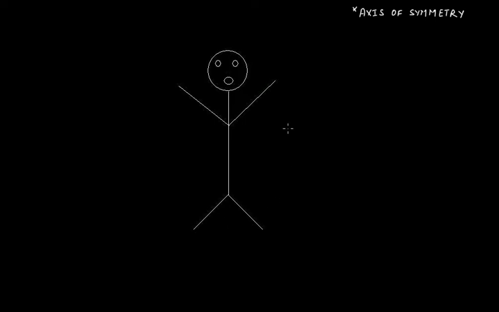If we have this figure, okay, and if I ask you that is this figure symmetrical, you will say yes, of course it's symmetrical, and it's the same figure that we took in our first video, that is the introductory video on symmetry. And if I pass a line exactly from the center, okay, let me try again.